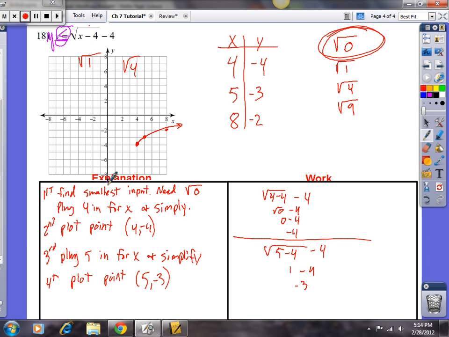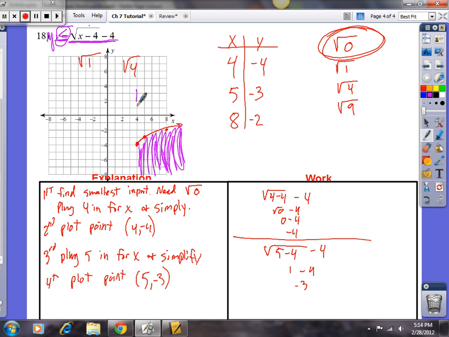So the y, or your output, your answer, is anything less than this function. And this function is represented with this line right here. So my answer is anything less than this line. And less than this line is anything smaller. So it's going down on the y-axis. So it's going to be anything underneath.